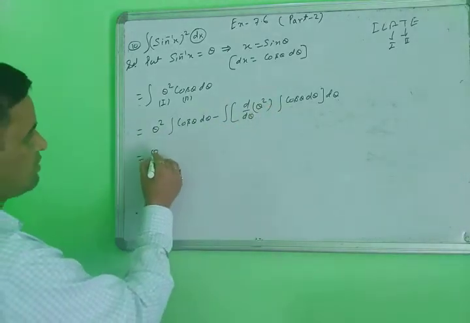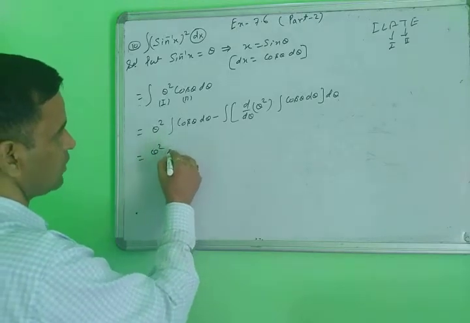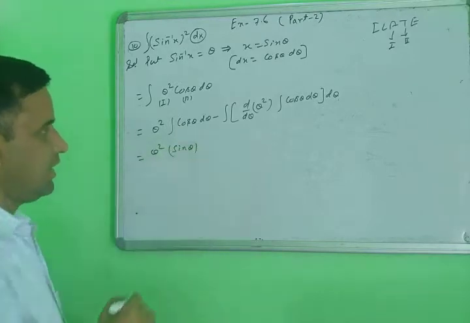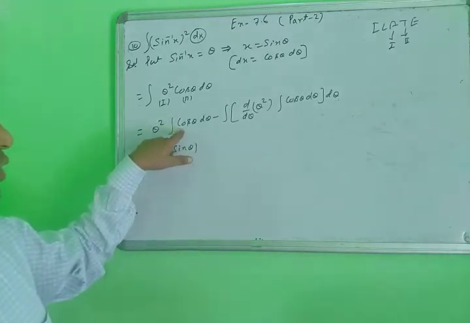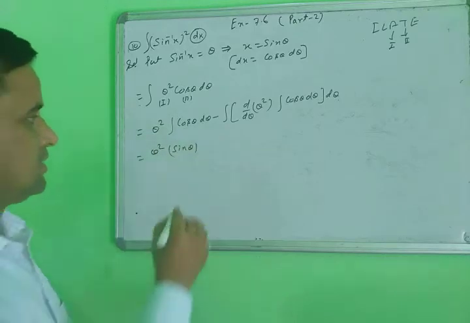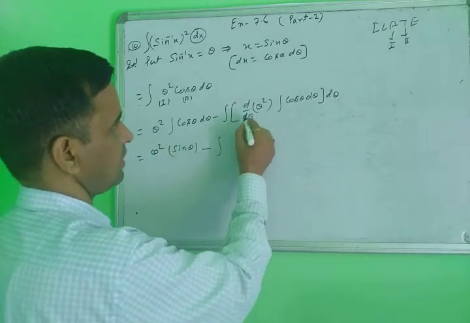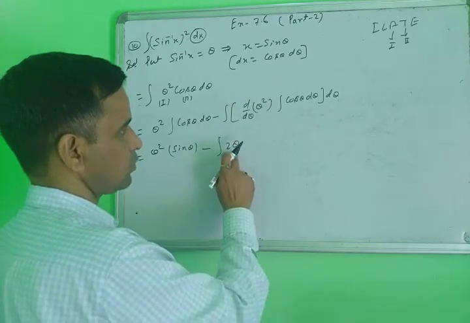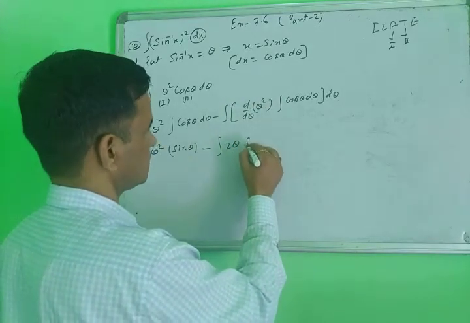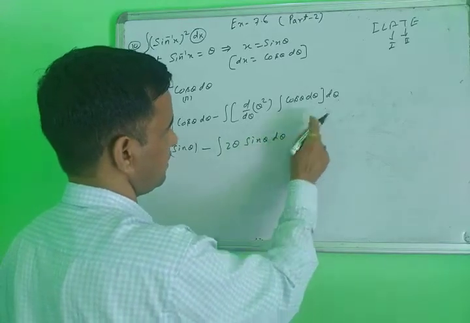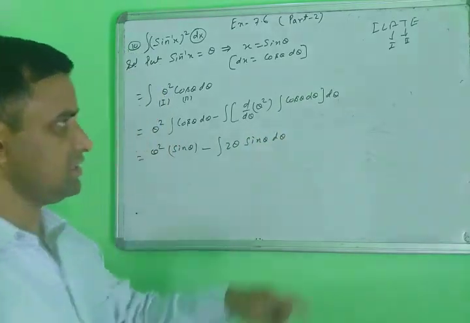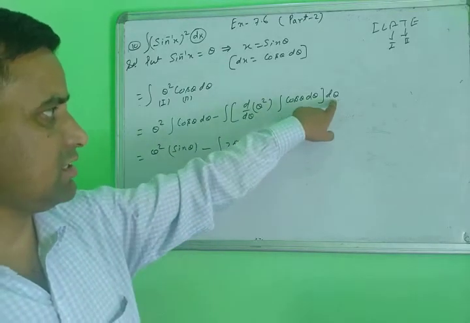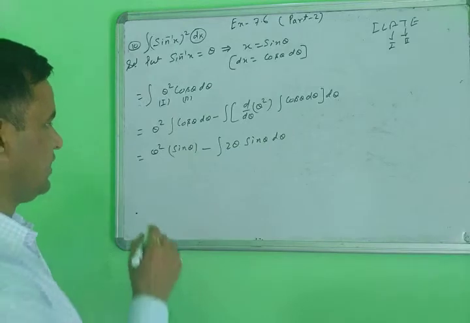Theta square stays the same, and the integration of cos theta is sin theta, simple. Minus integration, what is the differentiation of theta square? 2 theta, and here sin theta, and d theta.